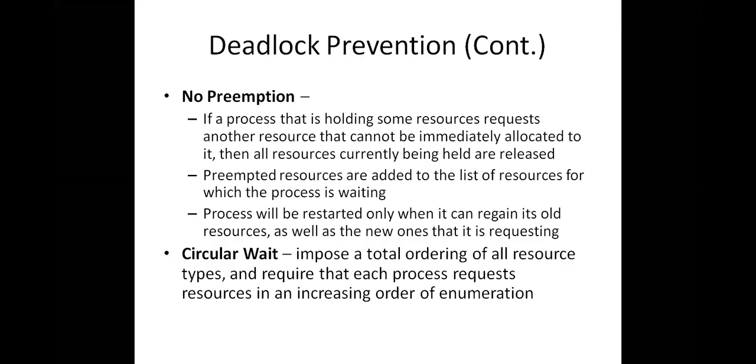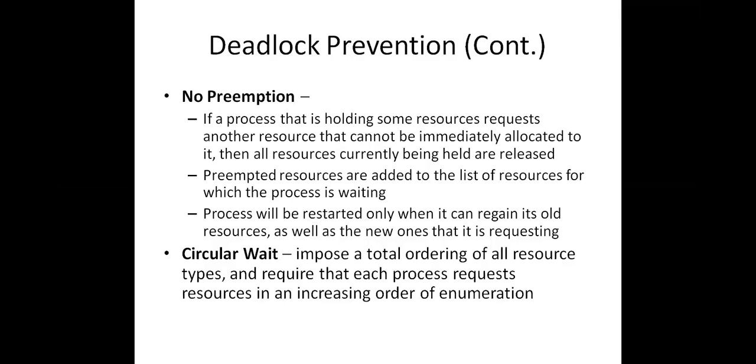That means preempted resources are added to the list of resources for which the process is waiting. What is preemption? Preemption means forcefully taking the resources from a process in the middle of the execution.